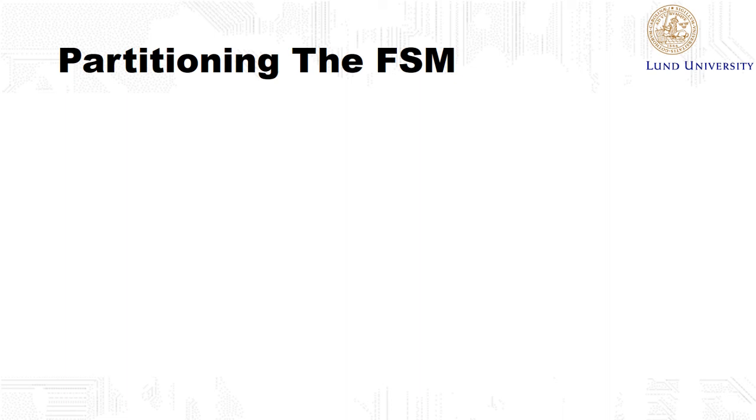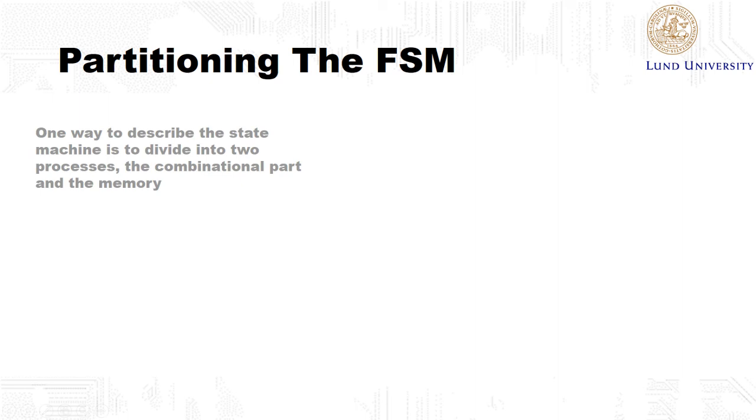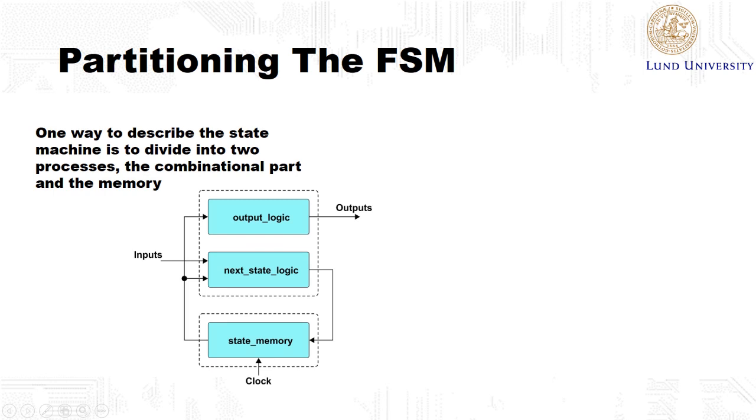When describing a finite state machine in VHDL, a good and common style to use is to divide the description into two parts. One part is the combinational part, that is the output logic and the logic for generating the next state. The other part is the memory of the finite state machine.